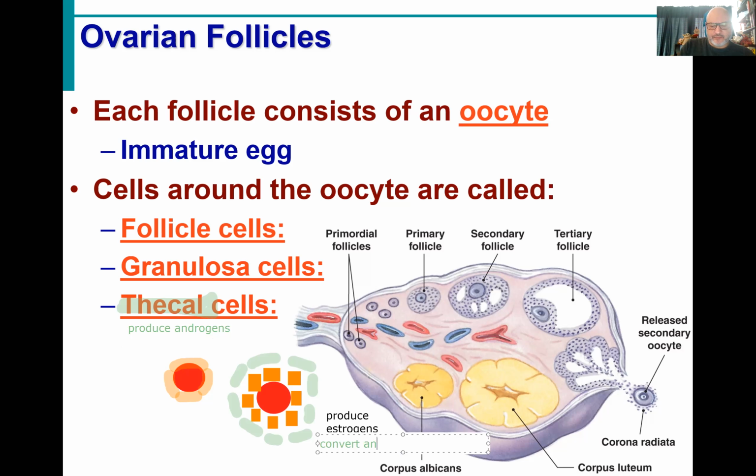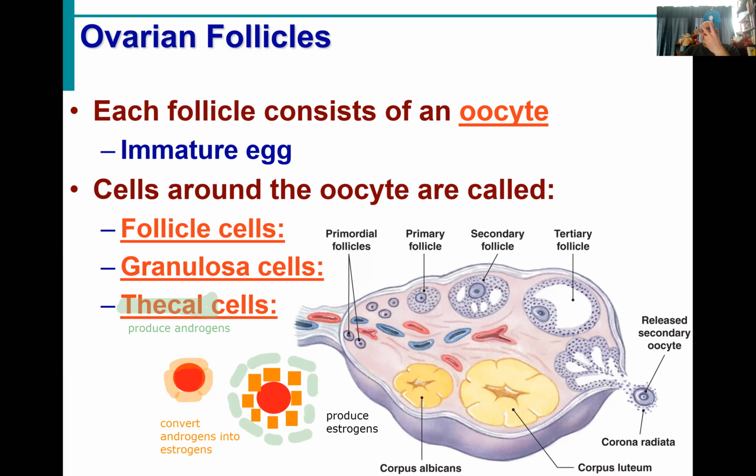Remember, the thecal cells produce androgens, and then the granulosa cells convert androgens into estrogens. So that's really what our granulosa cells do. They take those androgens and convert them into estrogens. As we develop these follicles, we're going to have three types of cells that form around them.